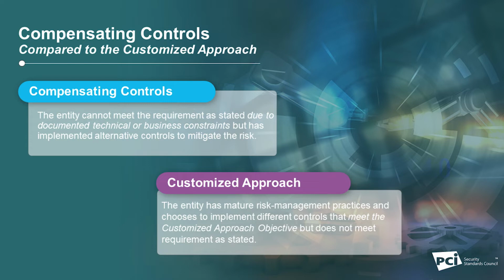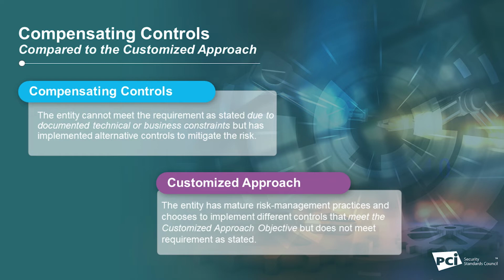And just as a quick recap, compensating controls are for entities that cannot meet a requirement due to a business or technical constraint, and where the organization has implemented an alternative control that mitigates the same risk. In contrast, the customized approach is for organizations that have new and novel and innovative approaches to meet an objective of a requirement in a unique way.